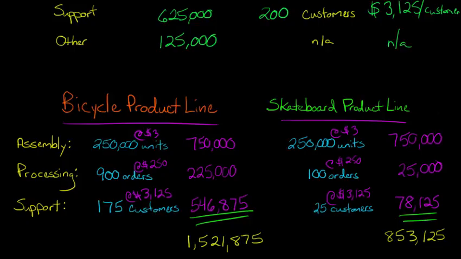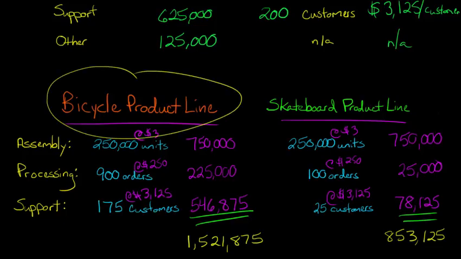So even though technically we have the same number of bicycles that we're producing and the same number of skateboards, that's a little deceiving when it comes to thinking about the overhead in terms of processing orders, dealing with customer complaints and warranty issues for support. Really, most of those costs are being driven by the bicycle product line.